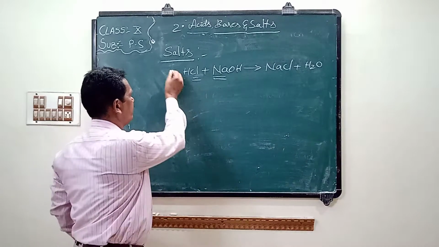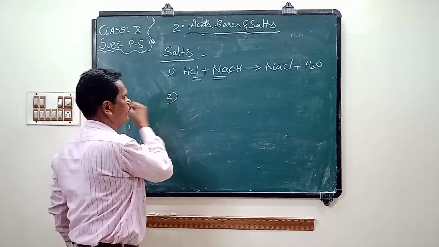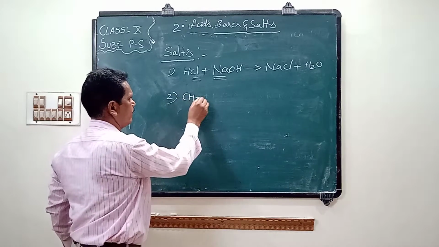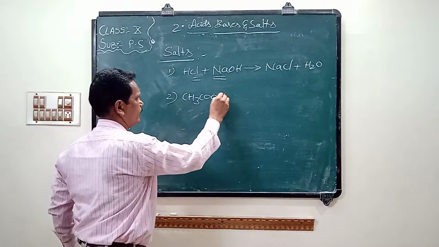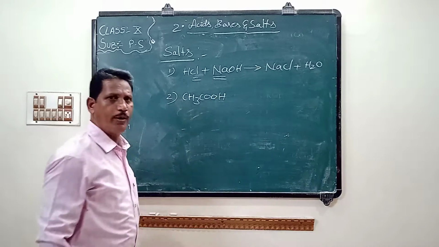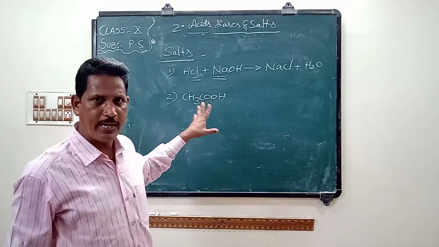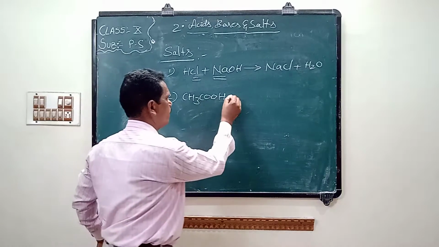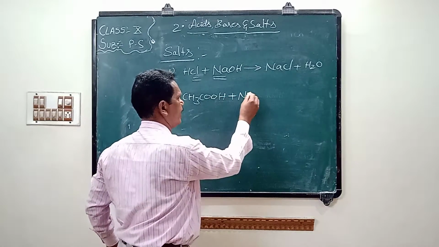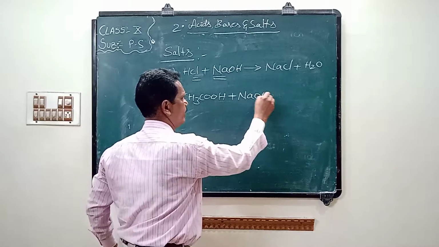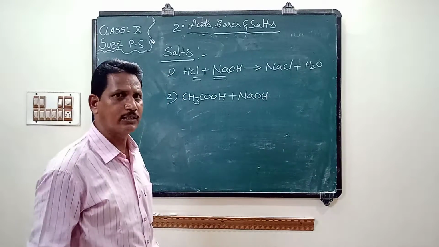Again, another example. This is the first example. Another example, CH3COOH. It is a weak acid, acetic acid. It reacts with a base, for example NaOH, sodium hydroxide, which is a strong base.